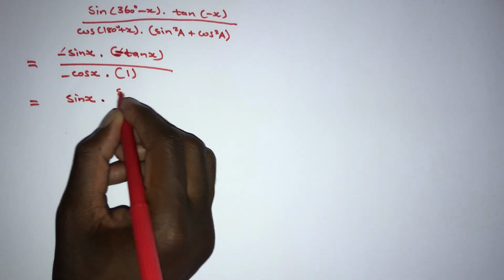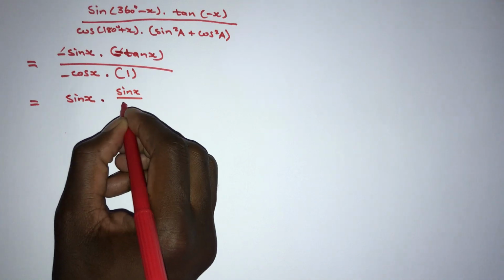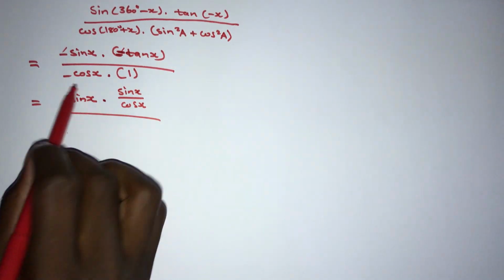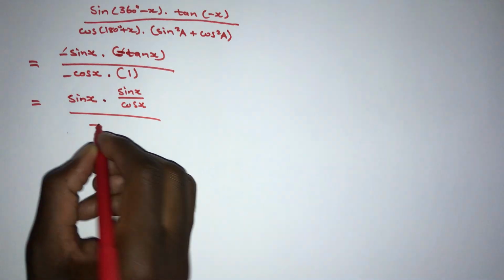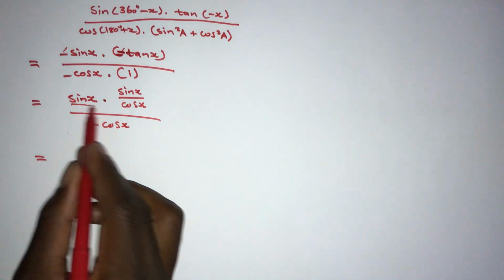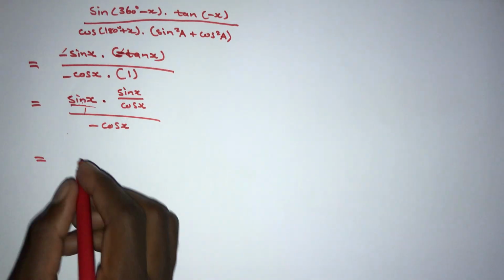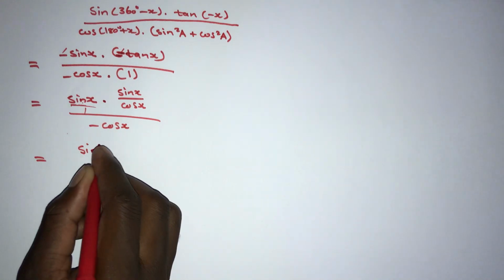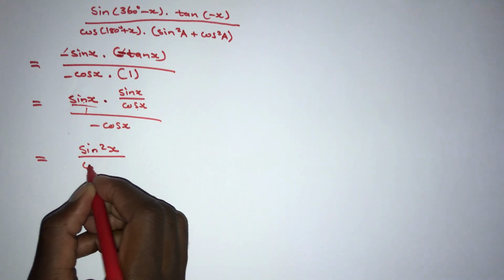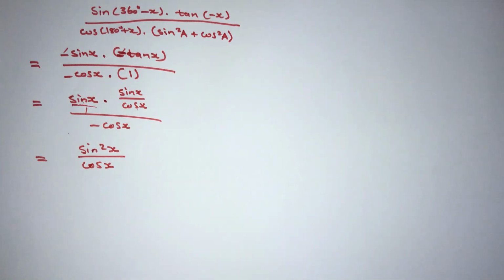Let's change tan x to sine x over cos x. So we divide by this negative cos x times 1, it's going to be negative cos x. So now this sine is over 1, that means it's sine times sine, so it's going to be sine squared x over cos times 1, this one is cos x.